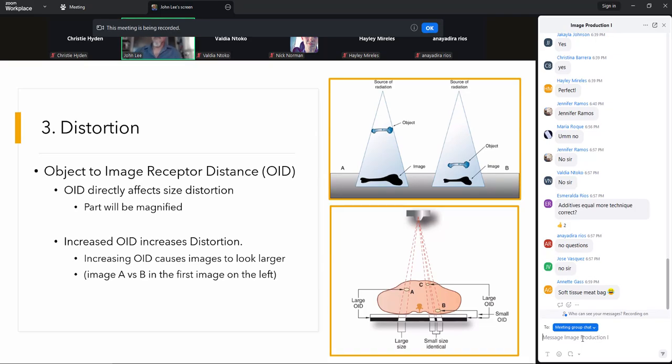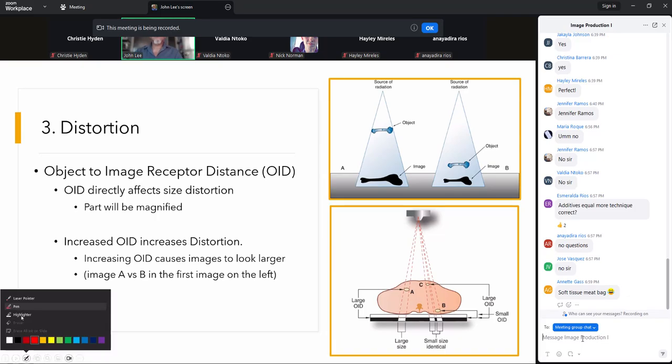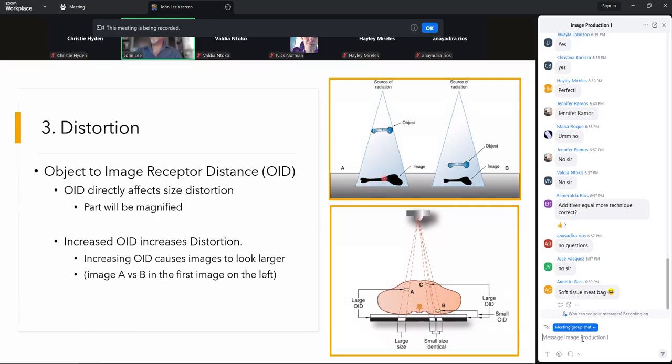OID, which we looked at when we discussed spatial resolution, will affect distortion because of magnification and the magnification that it produces on the resultant image. So the greater the OID, the more magnification, the more distortion we'll have.